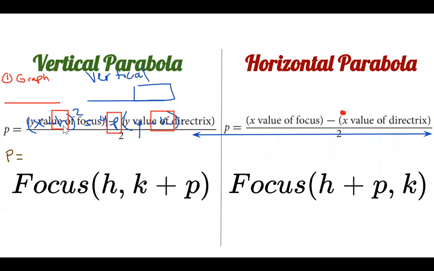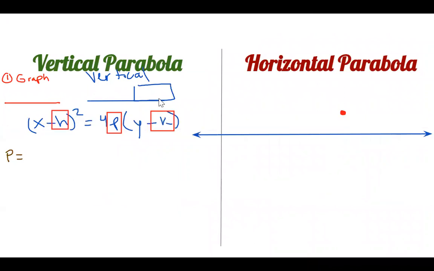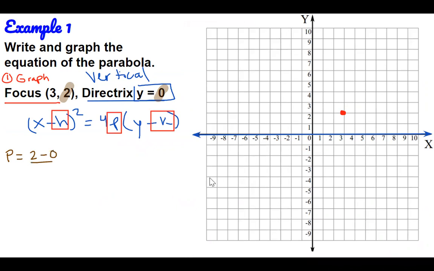It's 2. And what's the y value of the directrix? 0. So let's write that down. We have (2 minus 0) divided by 2. What's 2 minus 0? 2 divided by 2? Beautiful, 1. So p equals 1. Check mark, we have that part.